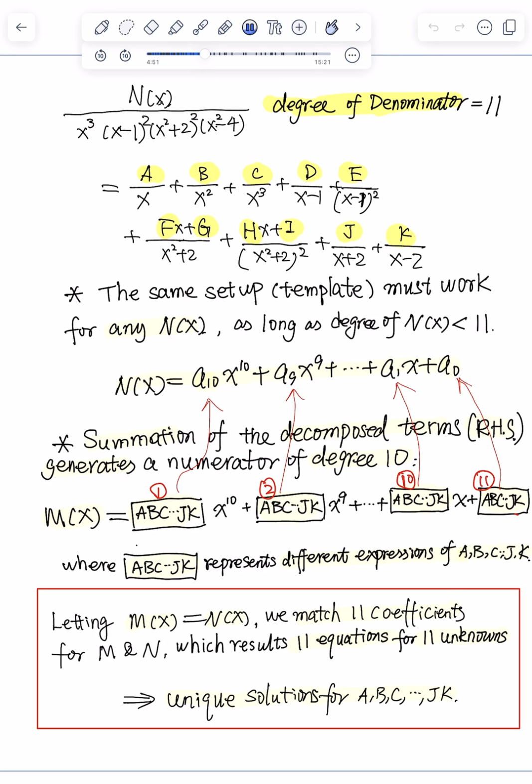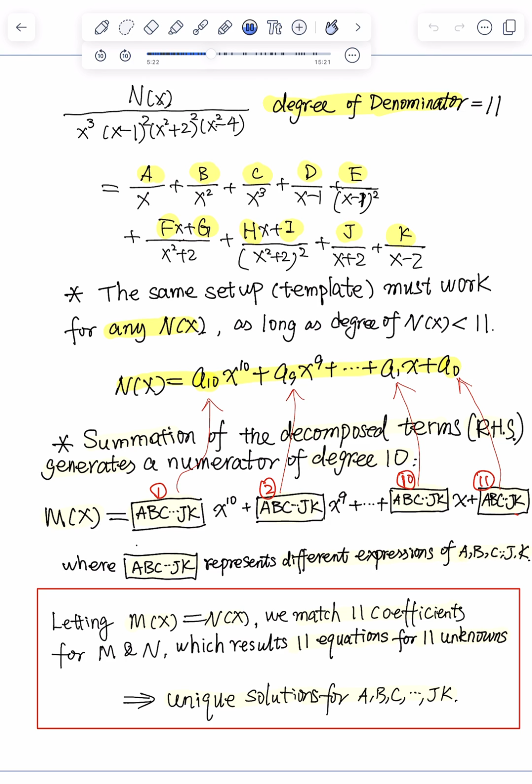First, we must notice that the same setup template must work for any numerator polynomial that degree is less than 11. So we set up the numerator as 10th order polynomial with 11 coefficients from A0 all the way to the 10th power coefficient, A10.